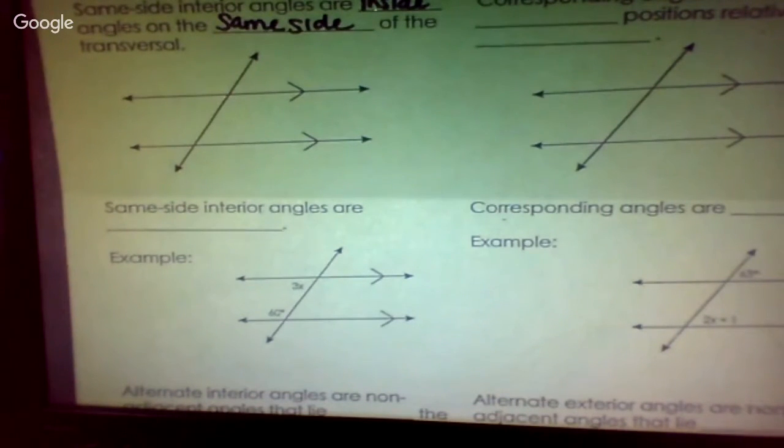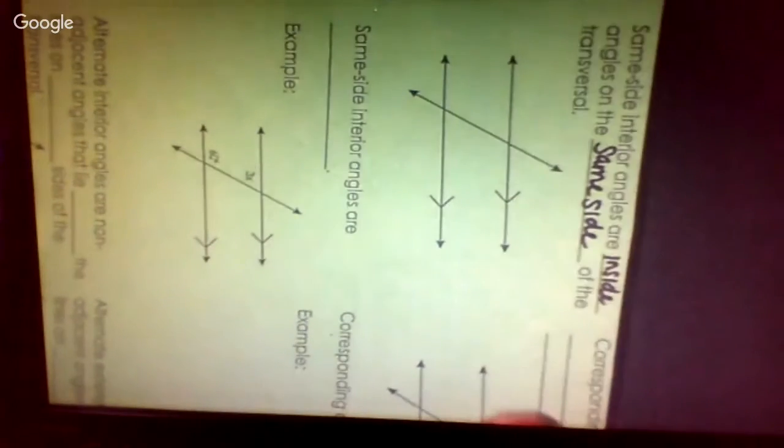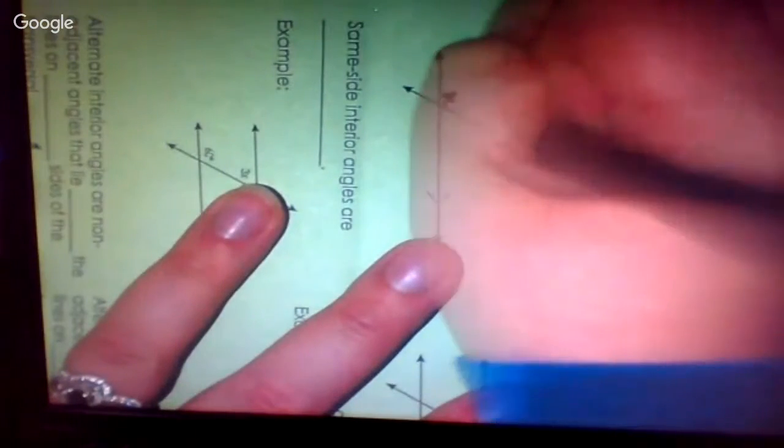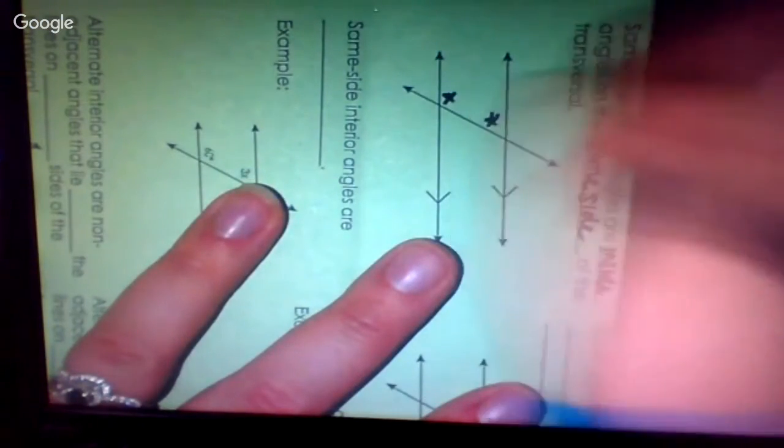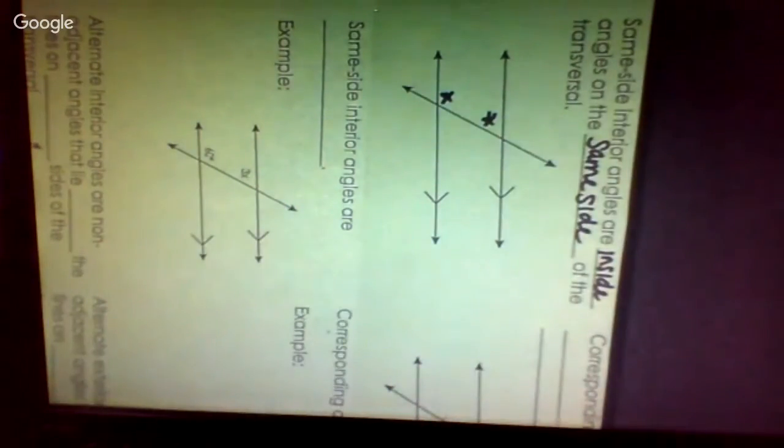So don't get confused because the picture's changed. My parallel lines now go from left to right. If you're used to seeing the parallel lines up and down, guess what? Flip your paper and make it what you're used to seeing. So this angle and this angle are same side interior.